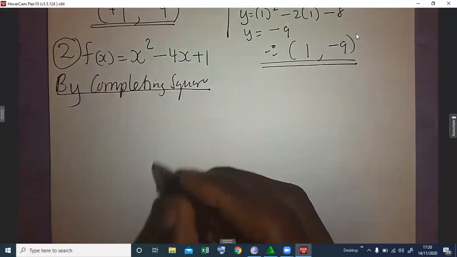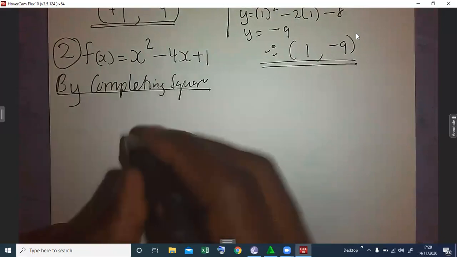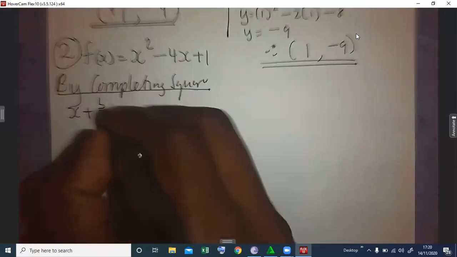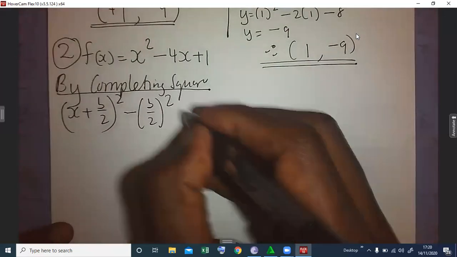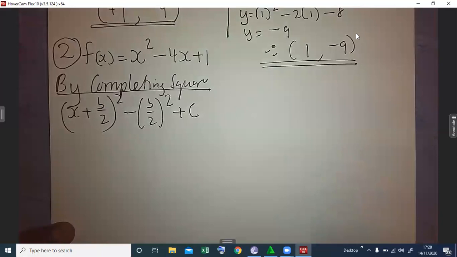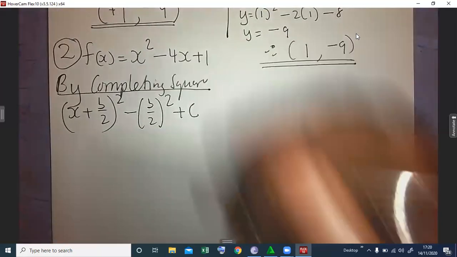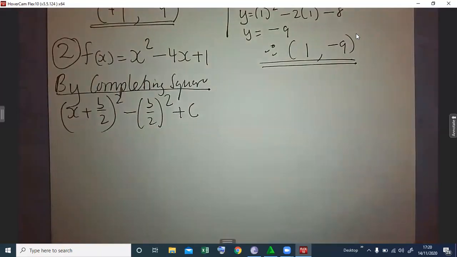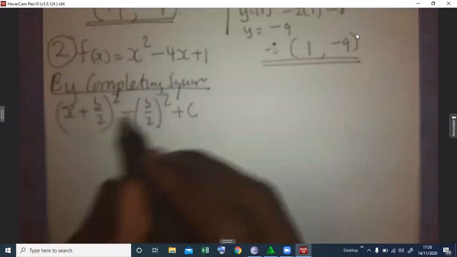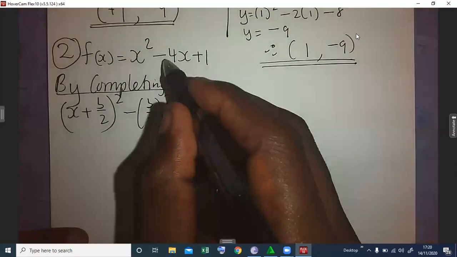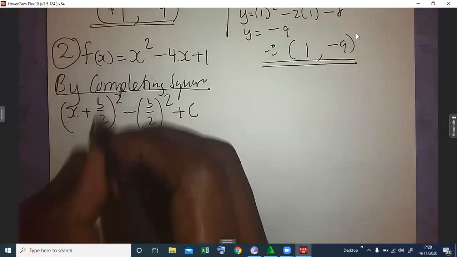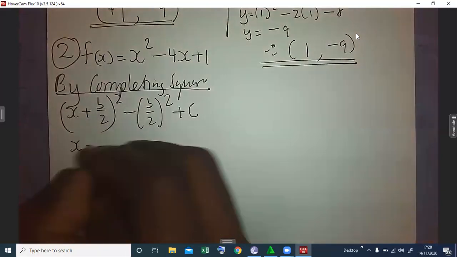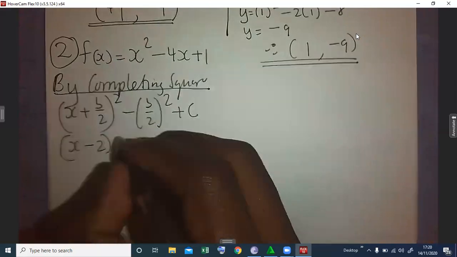Okay. So when I'm completing the square, as we said at the beginning, (x plus b over 2) squared minus (b over 2) squared plus c is the formula when the coefficient of x squared is 1. And here the coefficient of x squared is 1, so we can easily find the turning point. So here I will substitute my b, that is negative 4. When I substitute negative 4, I get 2. So that will be (x minus 2) squared.